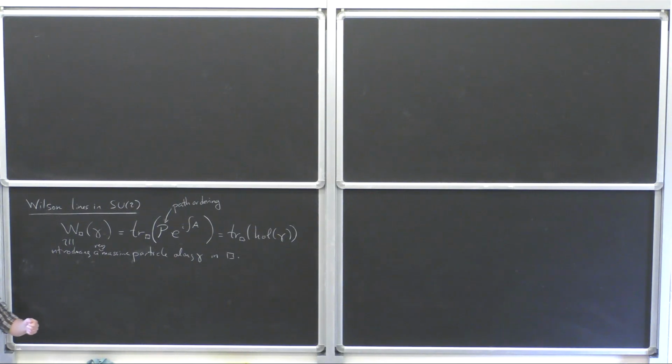So we take a very massive object, we drag it along, and we see how our SU2 theory responds. Okay, so that's fine. That's something that you can do in the SU2 theory.